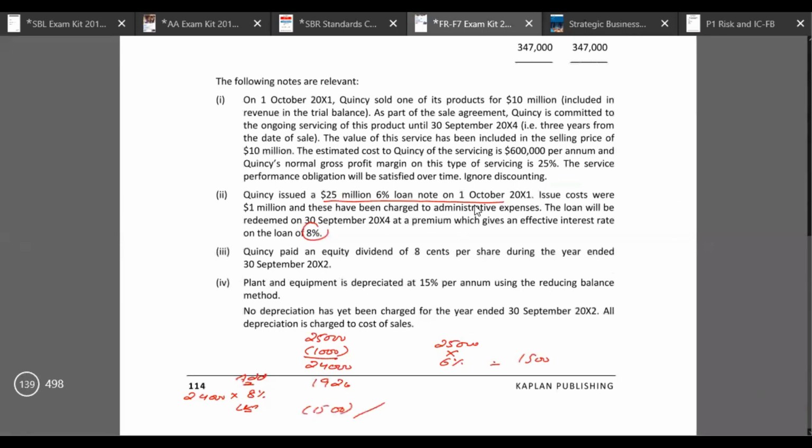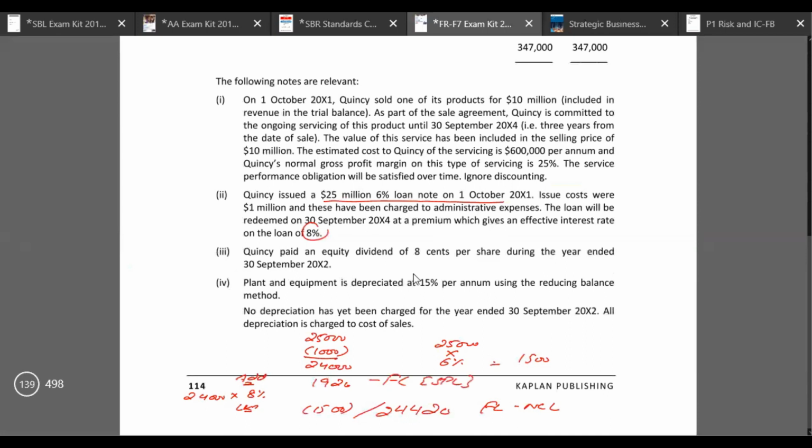So what is the net balance? 24,000 plus 1,920 minus 1,500. It gives you 24,420. So this 24,420 is your financial liability in the non-current liabilities, and this 1,920 is actually the finance cost in the statement of profit or loss.